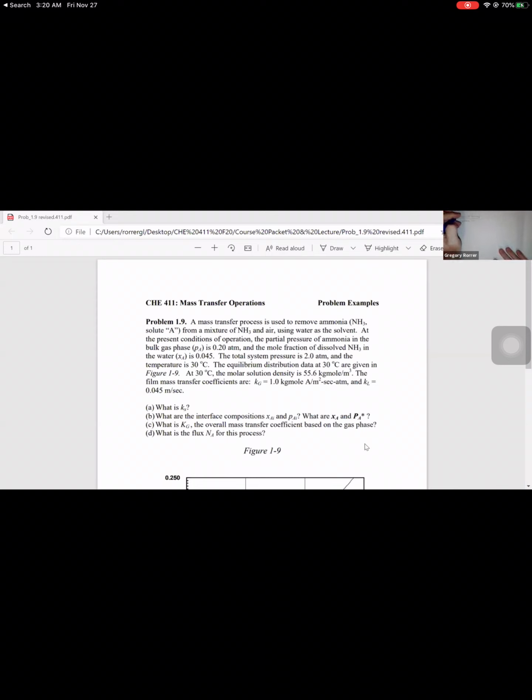We know that XA is equal to 0.0545. All right. And we also know that PA is equal to 0.2 atmospheres.